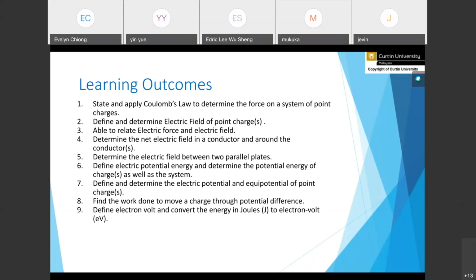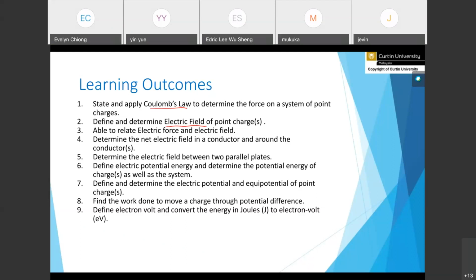Then how to relate electric force and electric field. There is a relationship. And then what is a conductor, and what is the electric field inside a conductor and around a conductor. Then determine the electric field: how do we calculate electric field between 2 parallel plates?